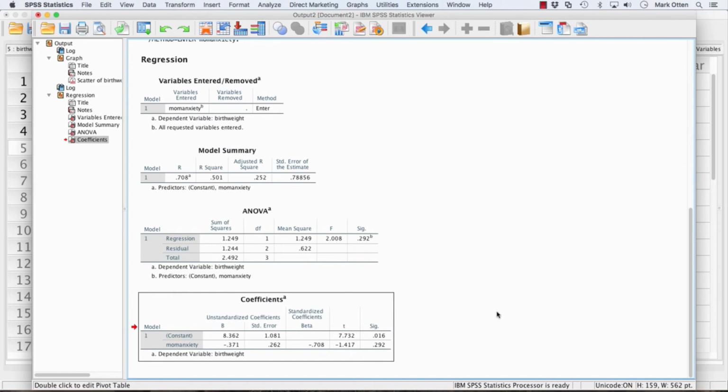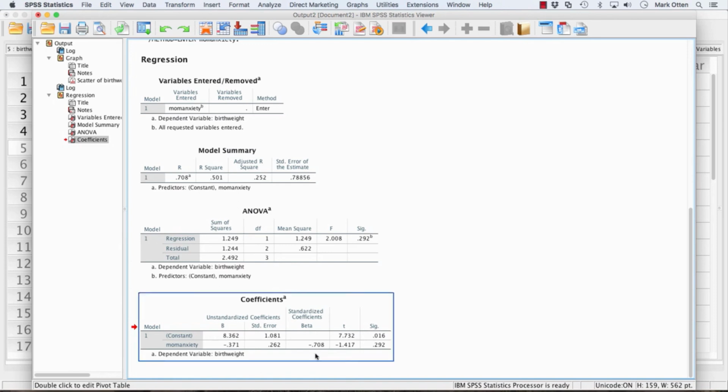They're labeled kind of strangely. The A value is actually 8.362 here under the Unstandardized B column, which is odd labeling. The B value, lowercase b, is negative 0.371. That's in the same column, in the mom anxiety row. So your A and B values are located in that first column.